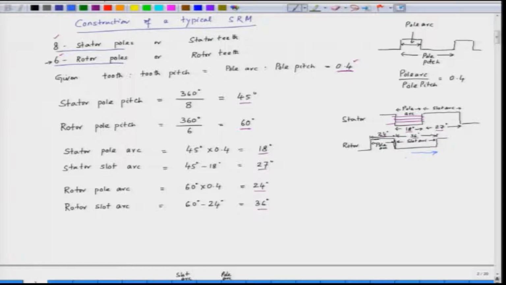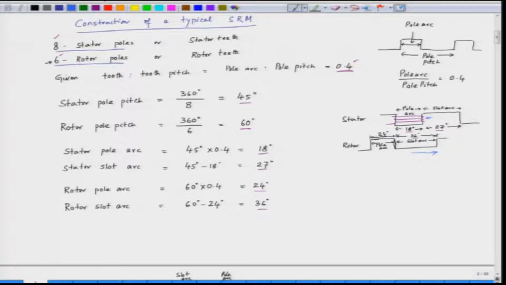The stator has got the windings, these are the stator windings, one of the windings is here. If you see, the inductance of this winding will gradually increase as the rotor pole arc comes under the stator pole arc, there is an overlap, and the inductance gradually increases for 18 degrees and continues up to 24 degrees, because 24 is the rotor pole arc.